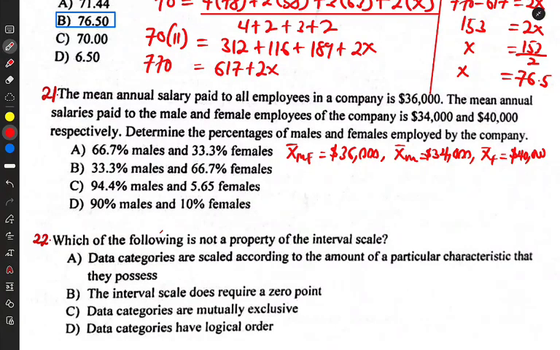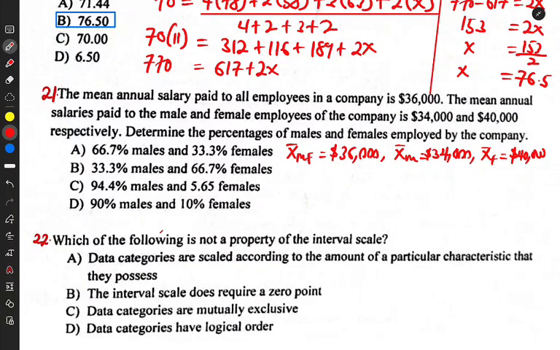So we can clearly see that we don't know the total sum of the salary paid to individual males and females. Okay. But we have been given their mean. So that means that if we represent their number by a variable, we can then determine what?